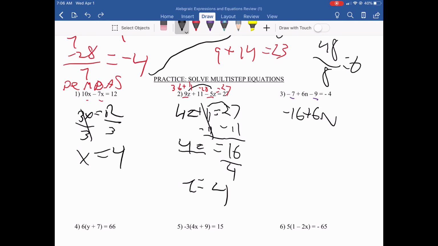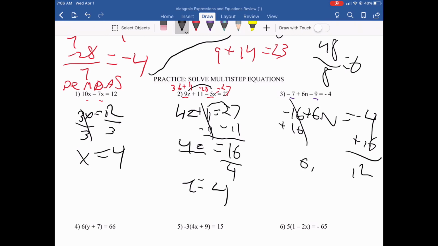Now, equals negative 4. So this becomes positive 16. Cross out. Plus 16 equals 12.